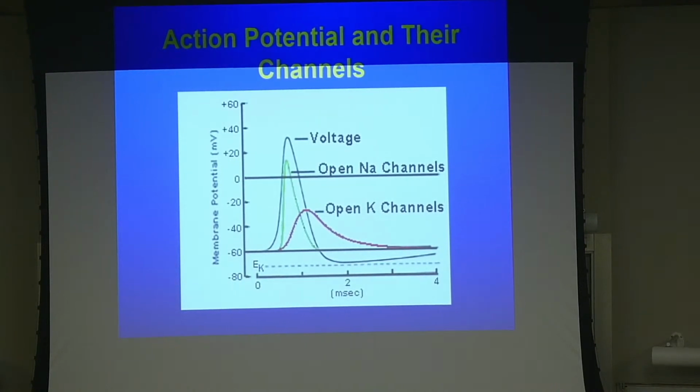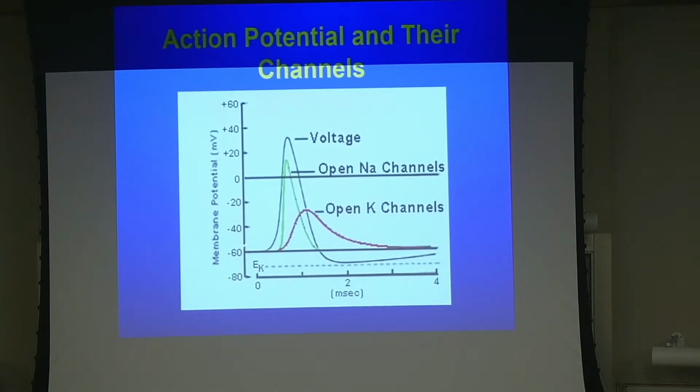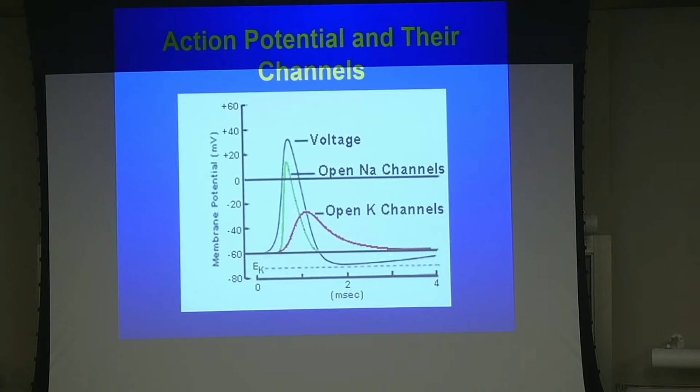The other thing you'll notice is that at the end of the action potential, there's this period over here where we get something known as a hyperpolarization. The membrane potential goes below the resting membrane potential. And it not only goes below the resting membrane potential, but it almost approaches the equilibrium potential for potassium.